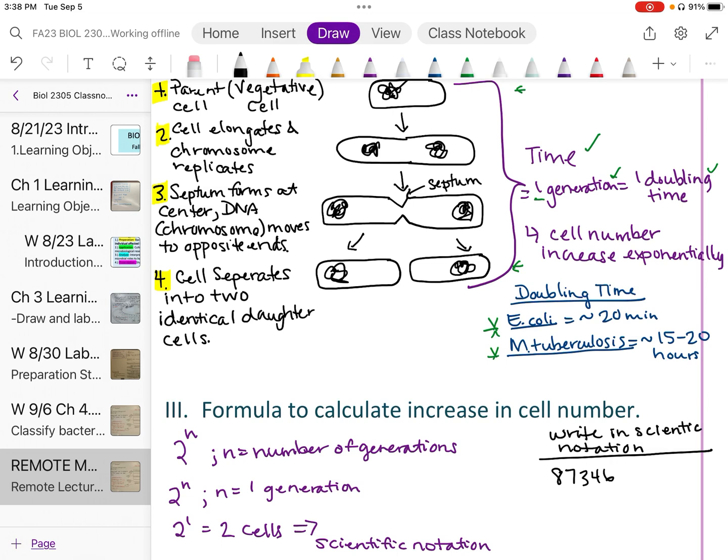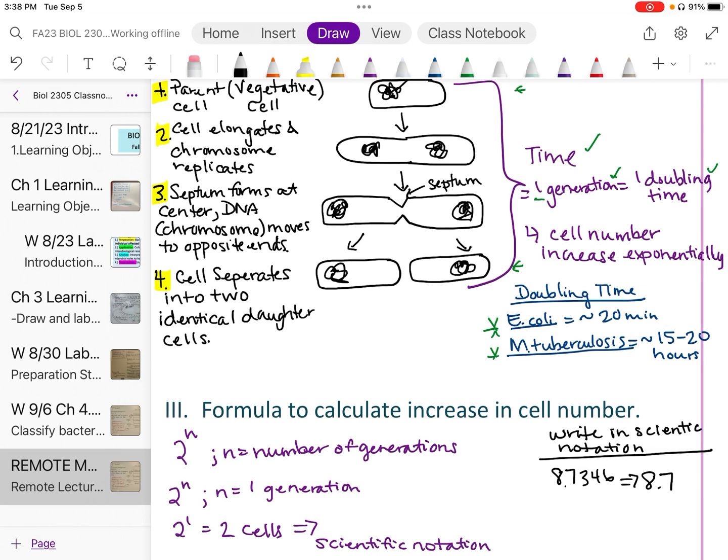So this number is going to turn into 8.7, because we're rounding our 7 to the nearest whole number. In this case, the next digit is 3, so it's going to round down to 0.7. But if it was 876, then we would round it up to 8.8. So in this case, it's 8.7.